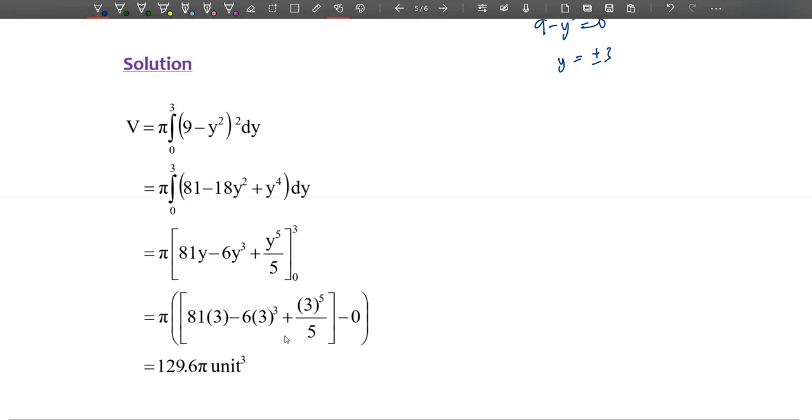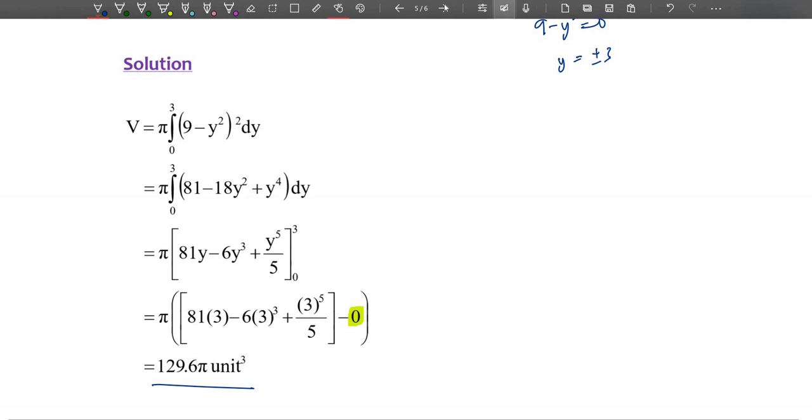Substitute the value of 3 into the function, and remember to write 0, even though it is 0, please write 0. The answer should be 129.65 unit cube. You can also write your answer in terms of a rational number.